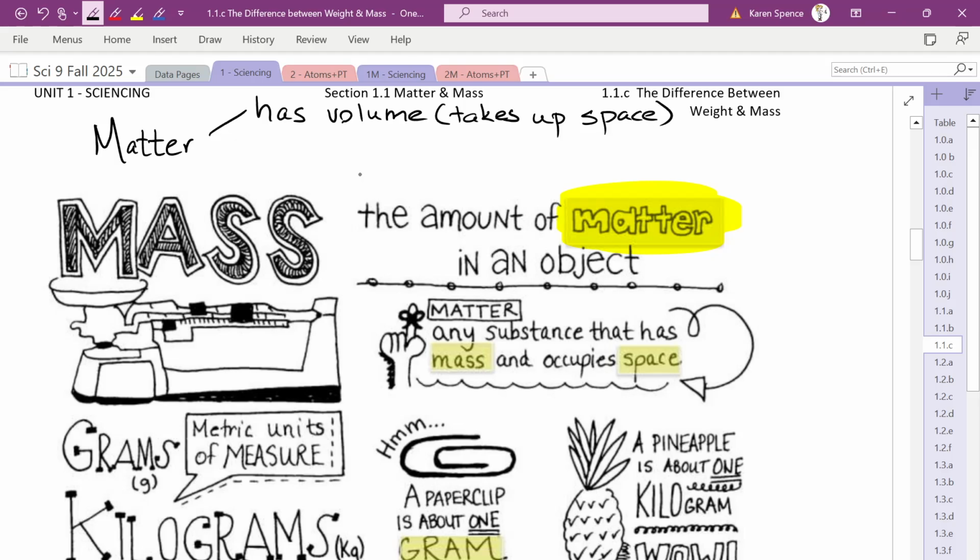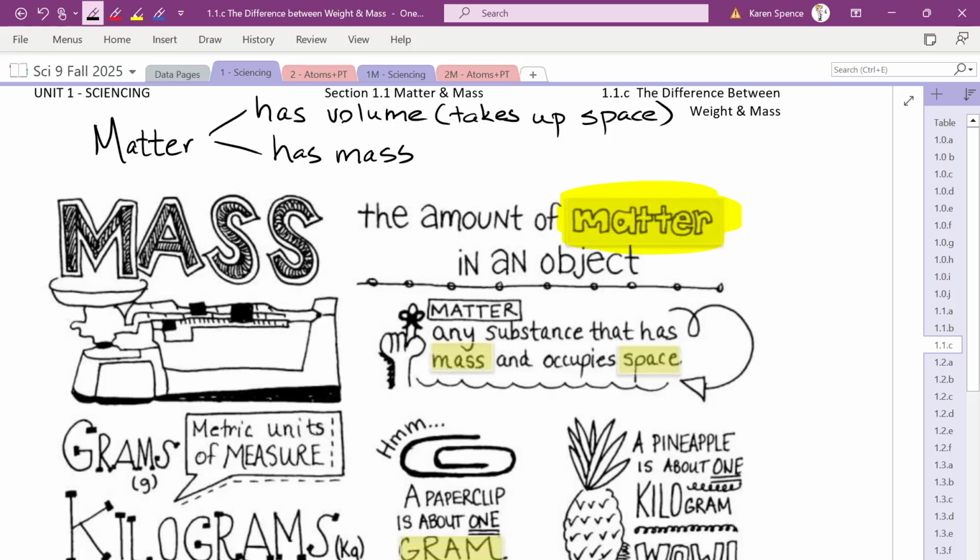And it also has mass. Because I can go up into space and not have any weight. Sorry, I thought you were defining weight. So matter has volume and it has mass.